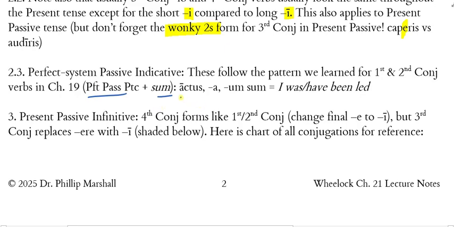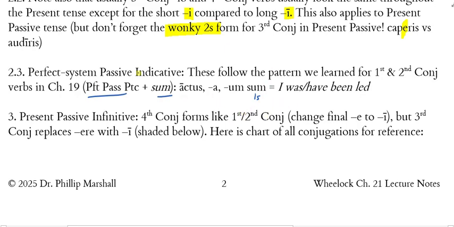All right, so example using ago, the fourth principal part is actum, and if it's masculine, it's going to be actus, feminine acta, neuter actum, and then the form of sum. So if I take that as a first singular form, then it's I was led or I have been led. All right, if I'm a woman, I would say acta sum, for I was led.